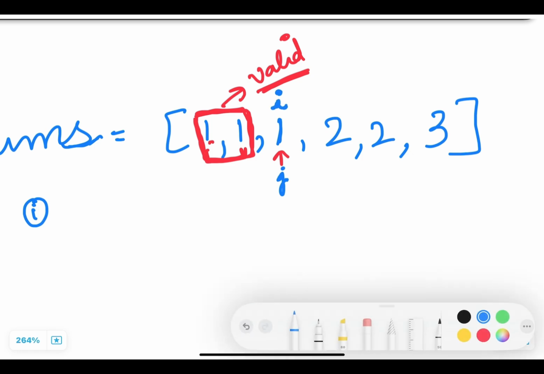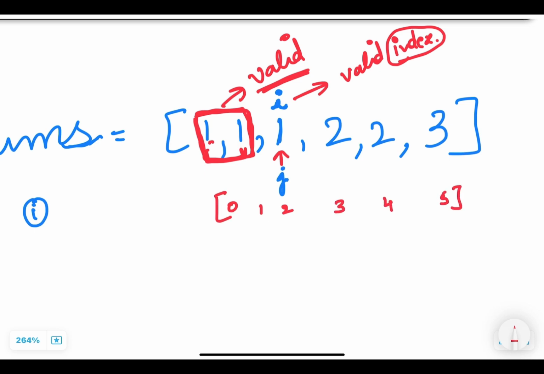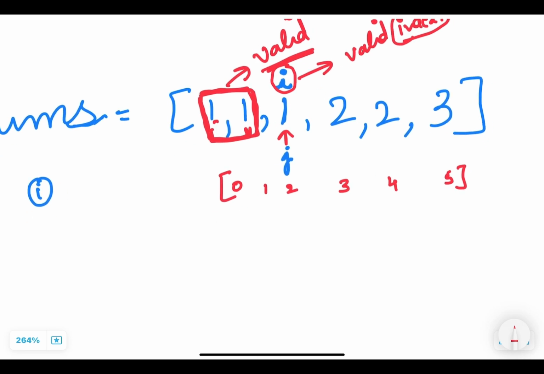What does i state? Here, i states the valid index. i will denote the index where we can place our next valid element; we will place it at that index in the next turn. Like i is here, it is on index 2. The indexing is 0, 1, 2, 3, 4 and 5, right? i points to 2, which means whatever our next valid element will be, it will be placed at this i. Okay, now we have started traversal from this j. Now let's see what will happen.